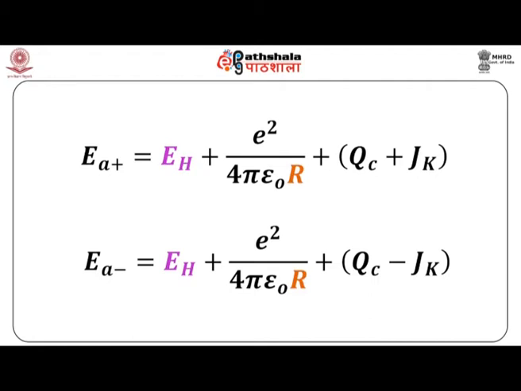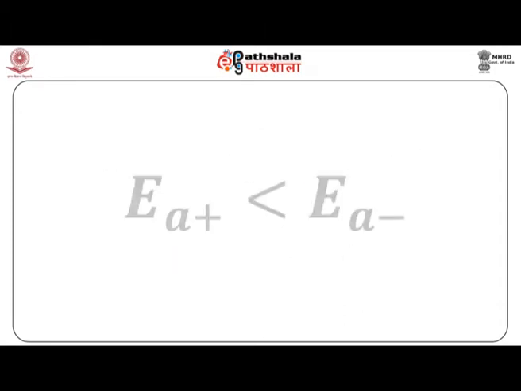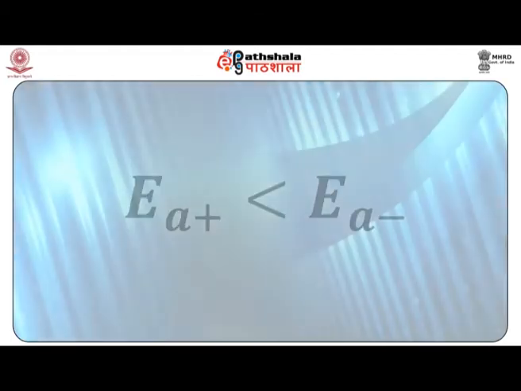Then since Q and J are negative, one can notice from these expressions that the energy EA plus, that is of the bonding molecular orbital, is less than the energy of the anti-bonding molecular orbital EA negative.